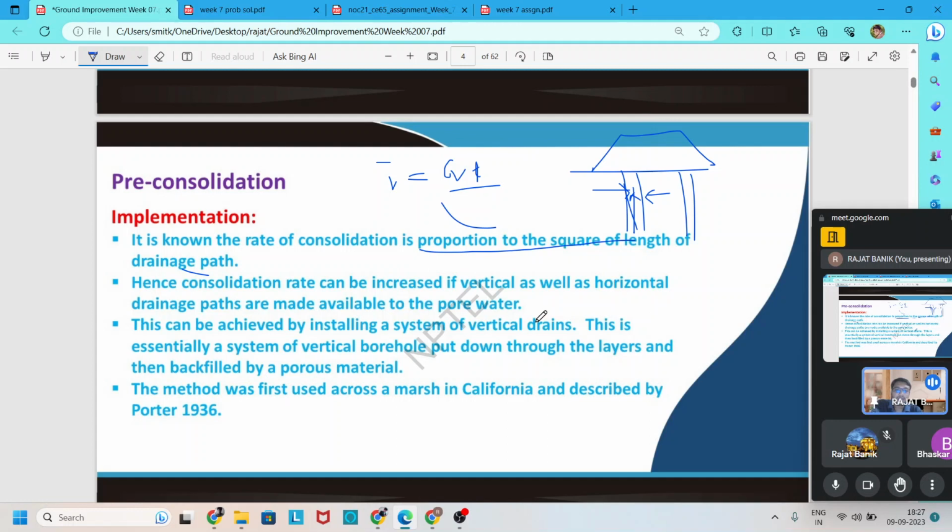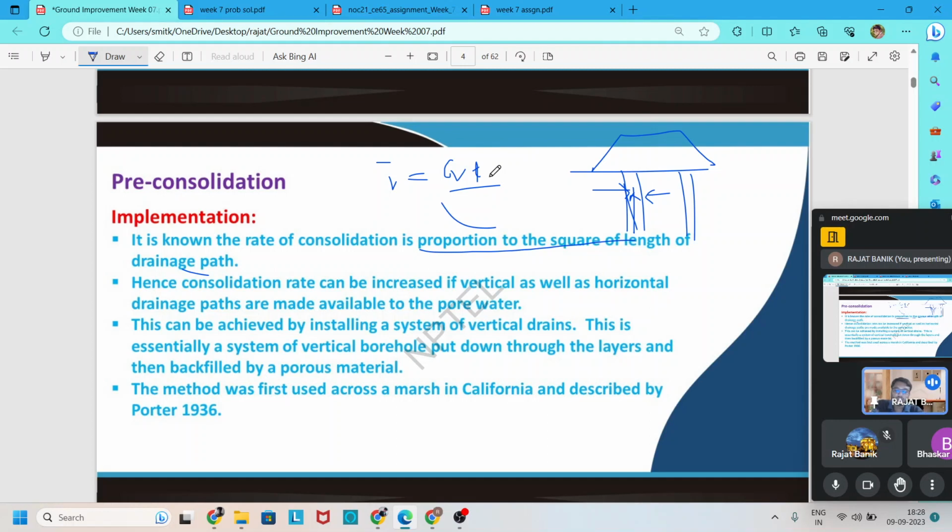So if we apply vertical drains, the drainage length of the soil is increased, so automatically the rate of consolidation will increase. If the rate of consolidation is increased, the time taken for the consolidation reduces, and the construction period also reduces.